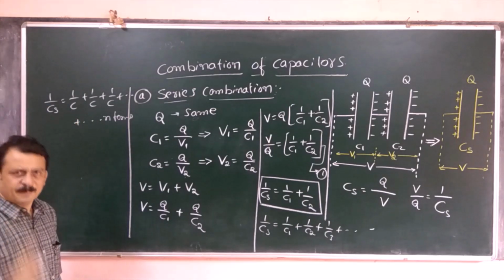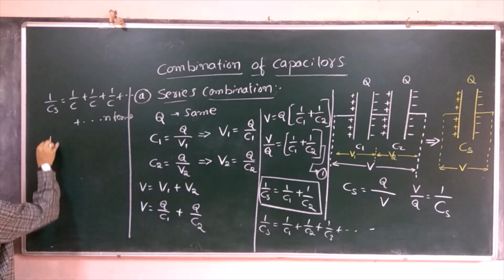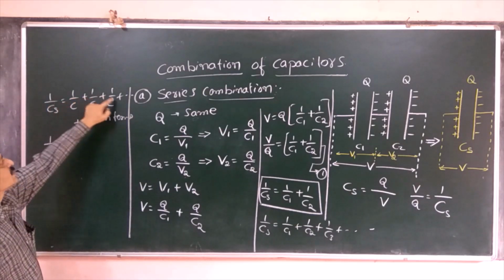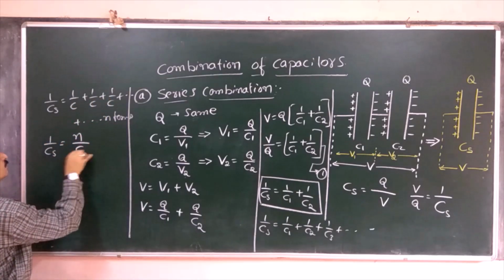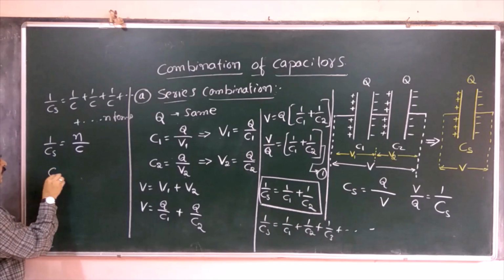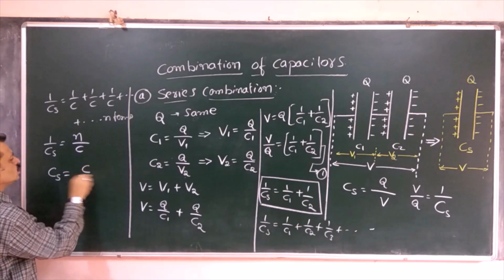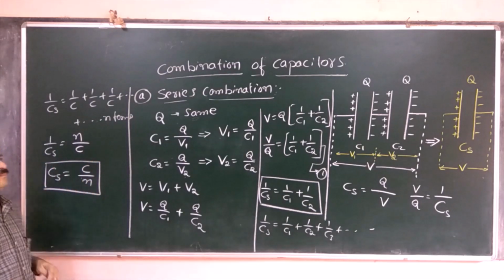Then the effective capacitance becomes n by C, or simply I will write the equivalent capacitance in case of series combination is equal to C divided by n. That you should remember.